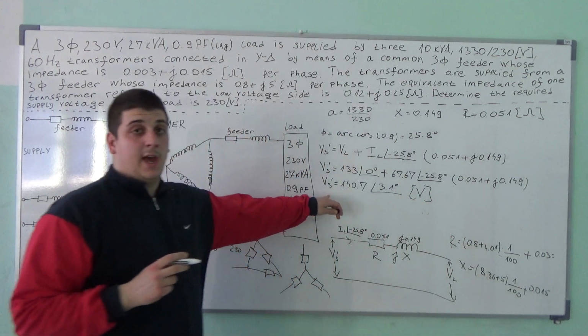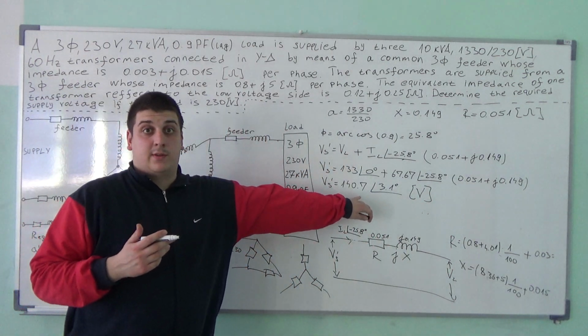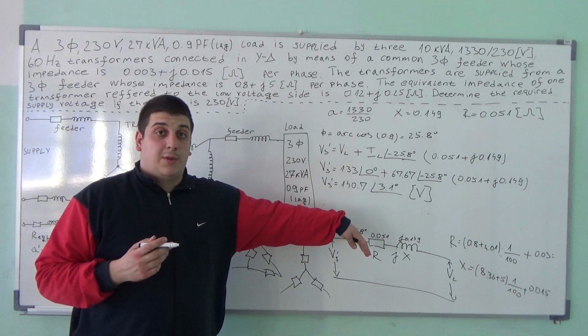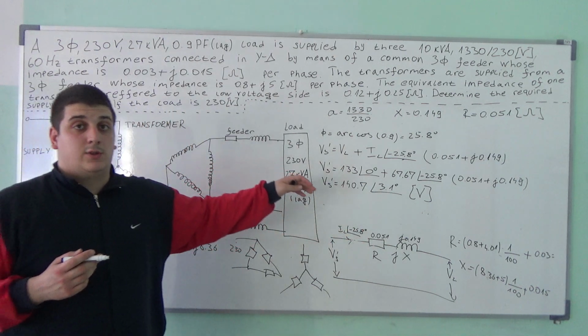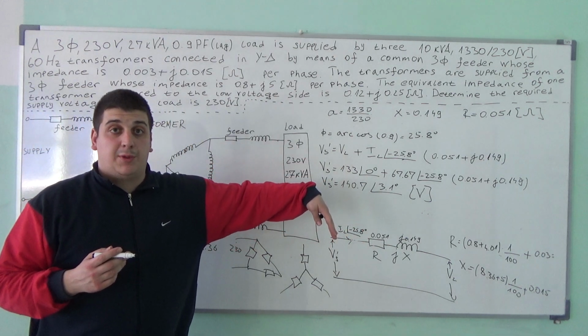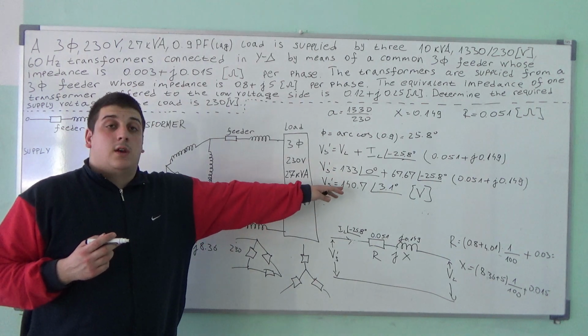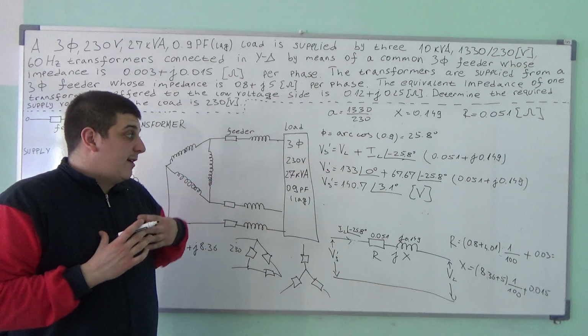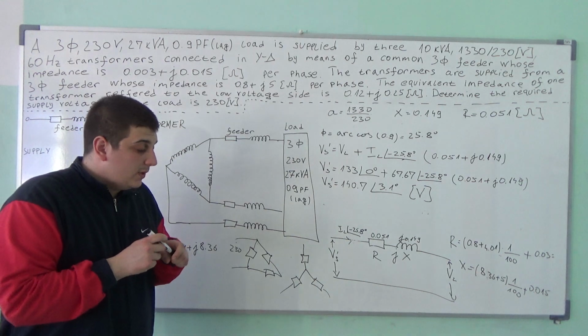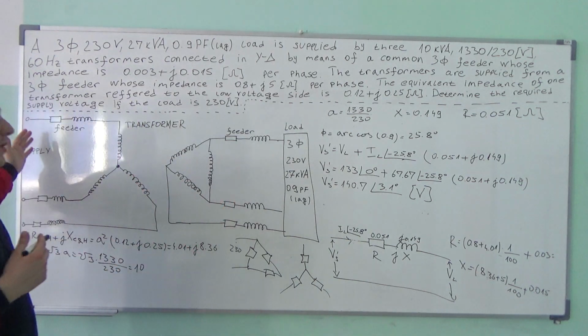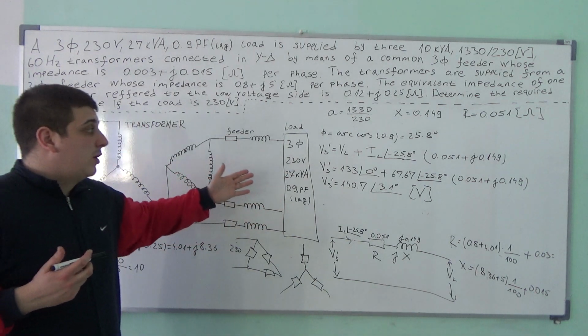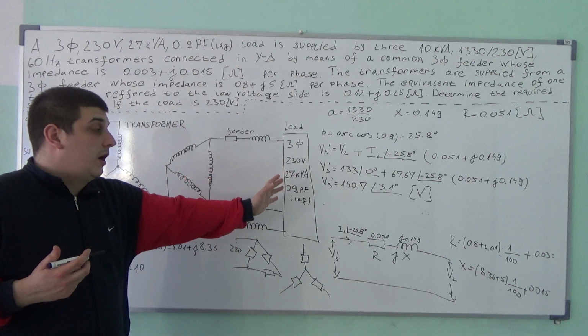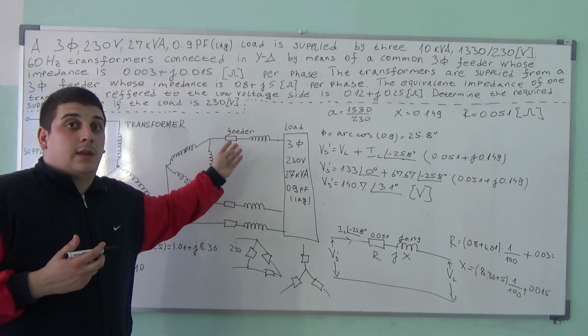So this is the amplitude referred to the low voltage side. This is the supply voltage referred to the low voltage side, and that is how much we have to give to the system, the supply, so that we will have 230 volts at the output in a delta connection.